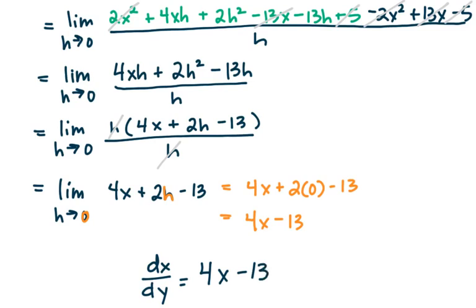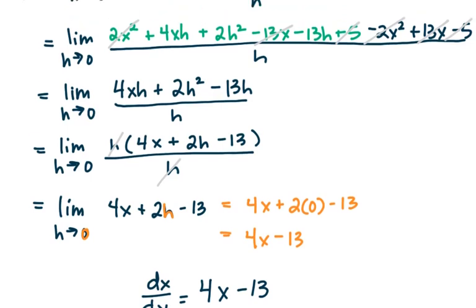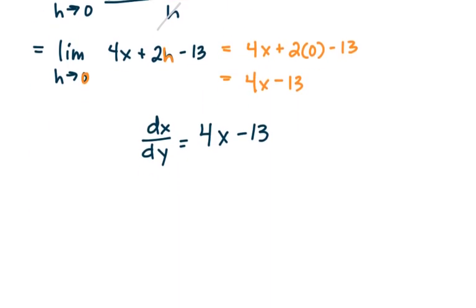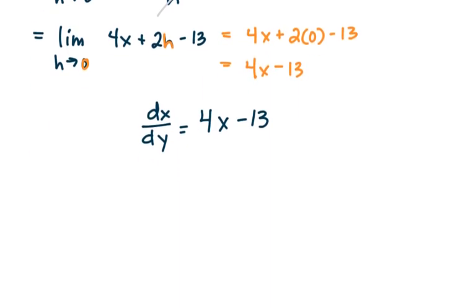That represents my derivative. And remember, the derivative represents the rate of change. So, going back up to the top, we said, does the parabola have a tangent line whose slope is -1? The derivative is my rate of change or slope, so I'm going to take that -1 value and plug it in for my derivative.